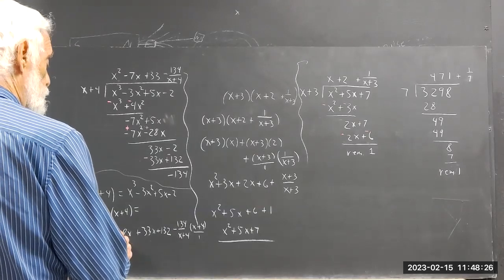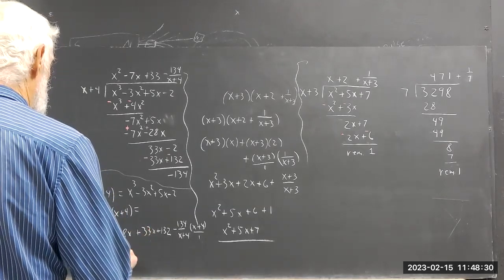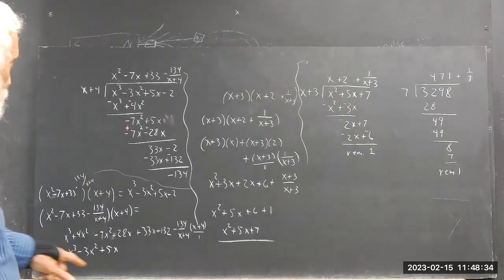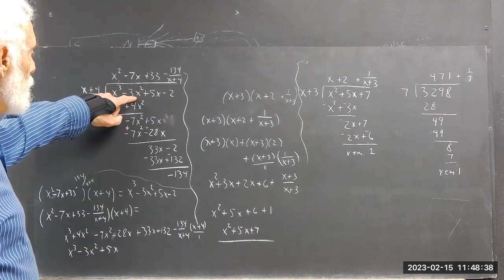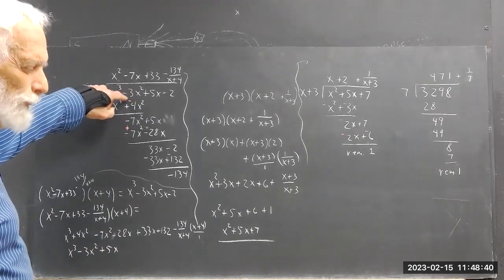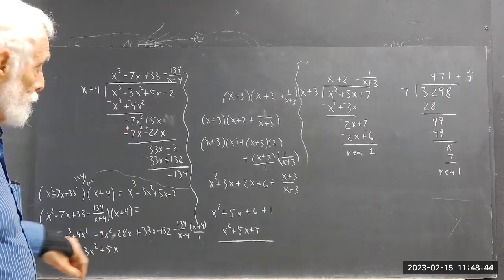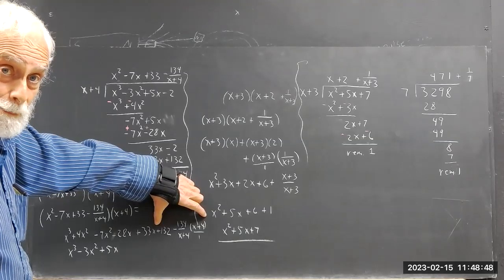Then we got 28x and negative 28x and 33x. That gives us plus 5x. And notice that at this point, I've got x cubed minus 3x squared plus 5x already. Right there it is. And the only thing I'm lacking is what I get when I multiply this out.